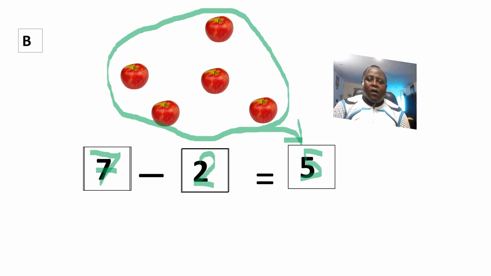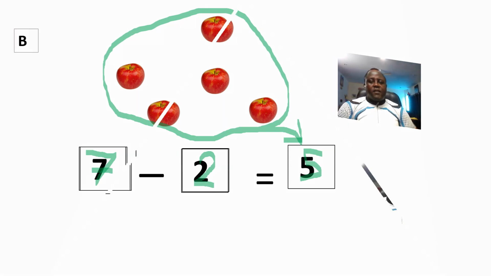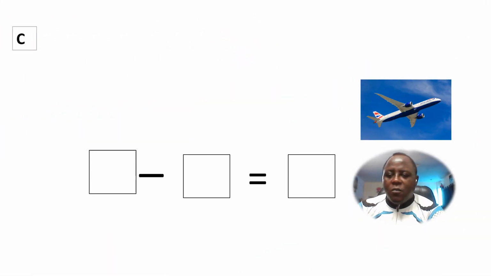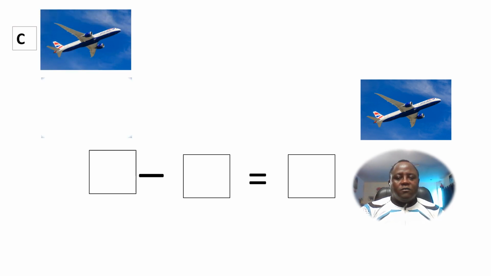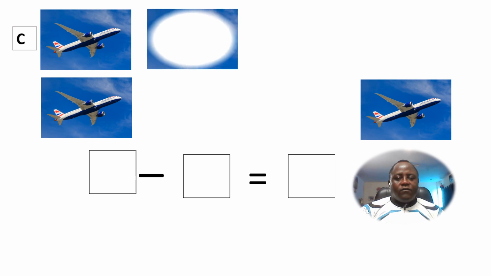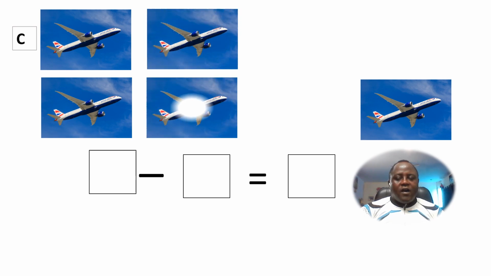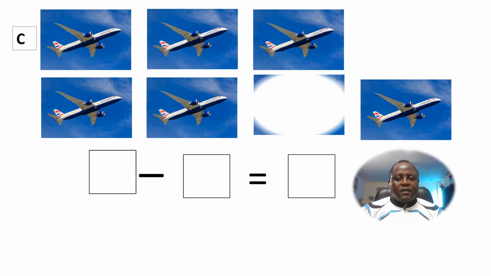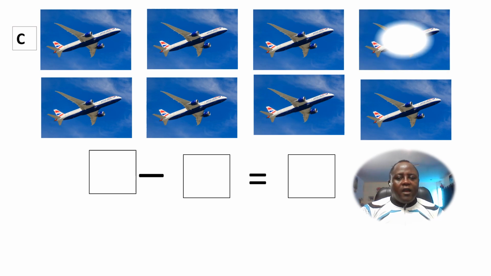Good job. All right, the next activity, let's see. We have a plane. Can you see the plane? How many planes do you see? 1, 2, 3, 4, 5, 6, 7, 8.